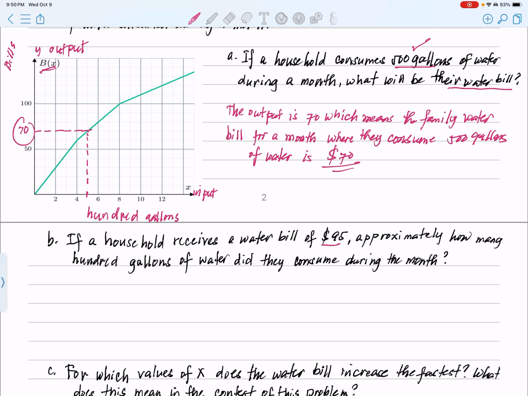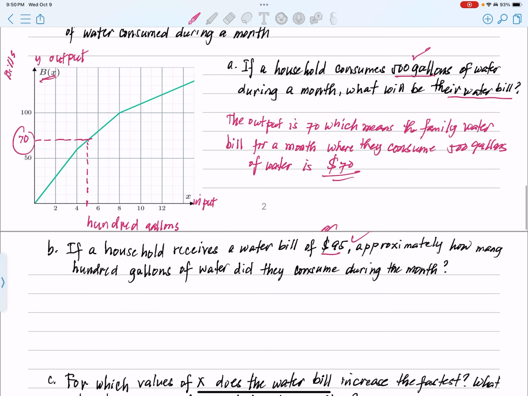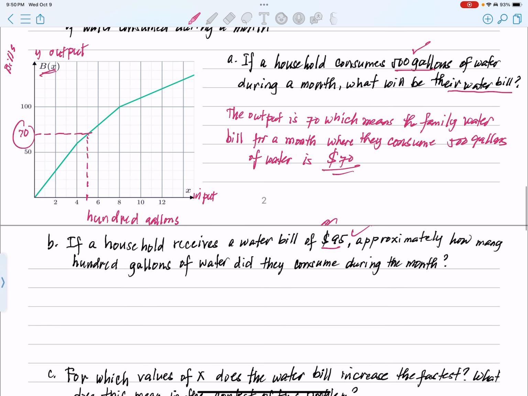So this is the one that is given, $95. Where can we find the 95 in the graph? Somewhere near, below 100.